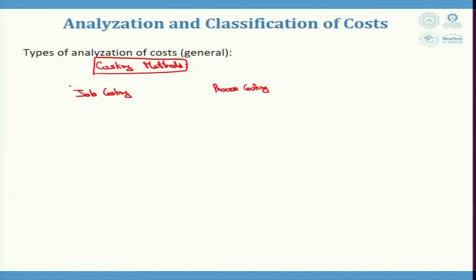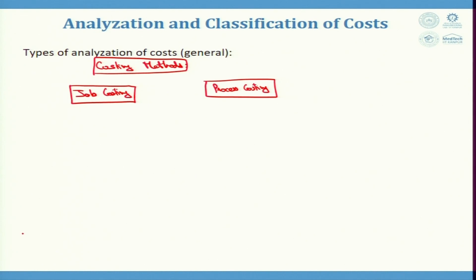Those will connect to job costing and process costing. Job costing is one where the cost is based upon what kind of specific job you have, which means it is based upon variable costing. It involves taking material, labor, and overhead, accumulating them into the production process, and then creating the items for sale. This is job costing.